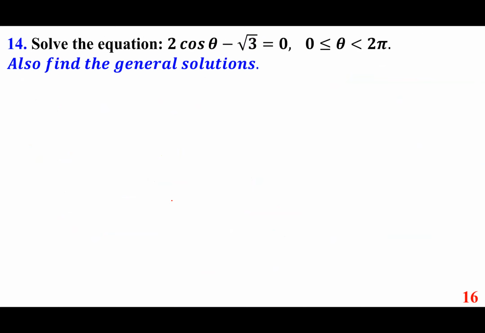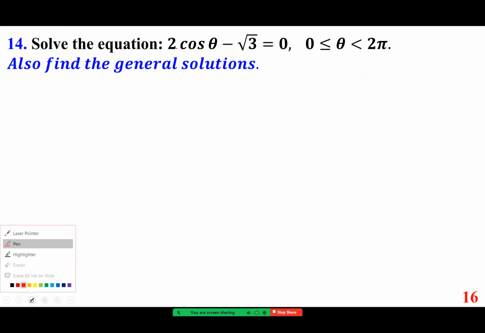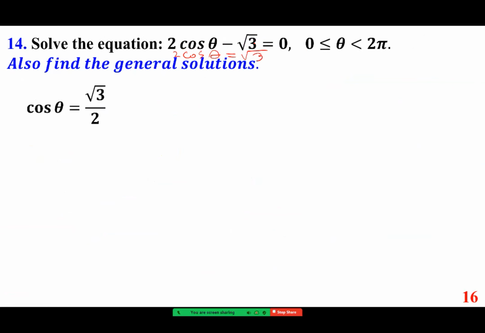Solve the equation 2 cosine theta minus square root of 3 equals 0, and theta is between 0 and 2 pi. We move the square root of 3 and we divide by 2. So cosine theta becomes square root of 3 over 2.